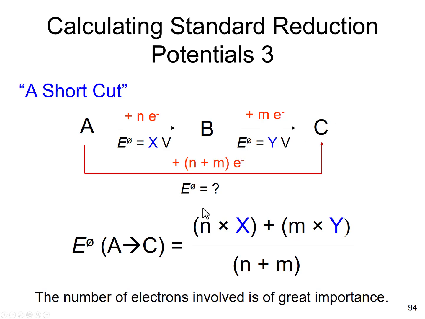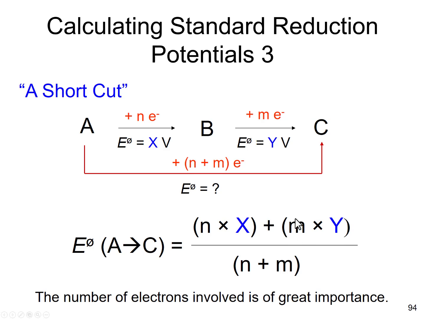In order to calculate the overall potential for the complete reaction from A to C, you need to consider the total number of electrons being transferred. And that is obviously the sum of n plus m electrons. Now you can use this simple formula to calculate the redox potential going all the way from A to C. And in order to do so, you simply have to multiply the first redox potential by the number of electrons that it involves, in this case n.